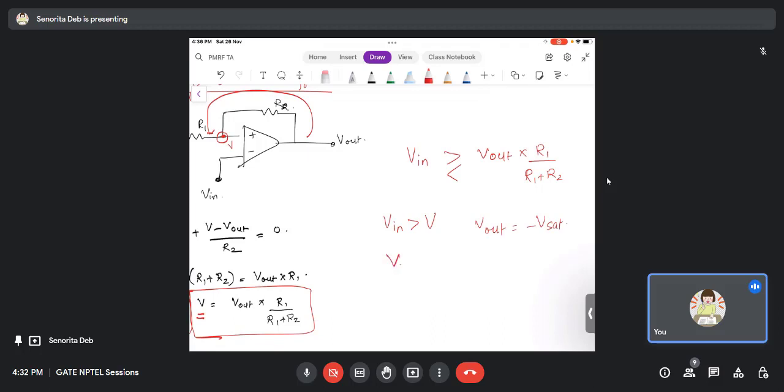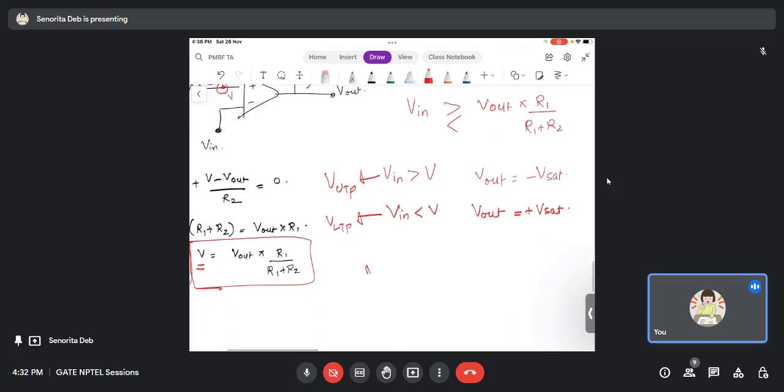And whenever Vin is less than V, Vout is plus Vsat. And this will define your upper threshold VUTP. This defines your VLTP. And the VH is given by 2 times R1 by R1 plus R2 into Vout.